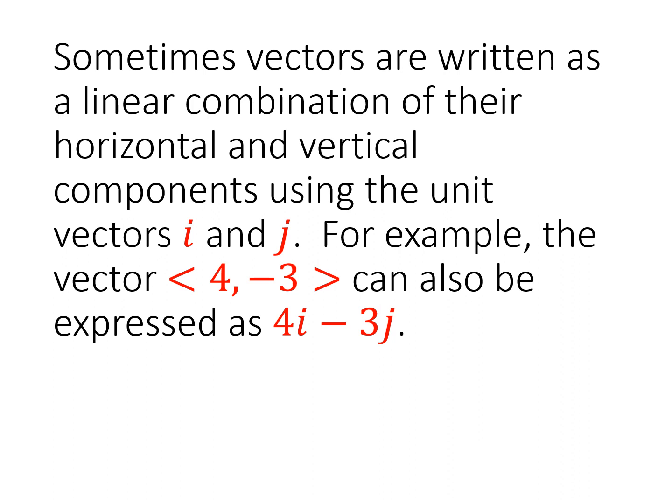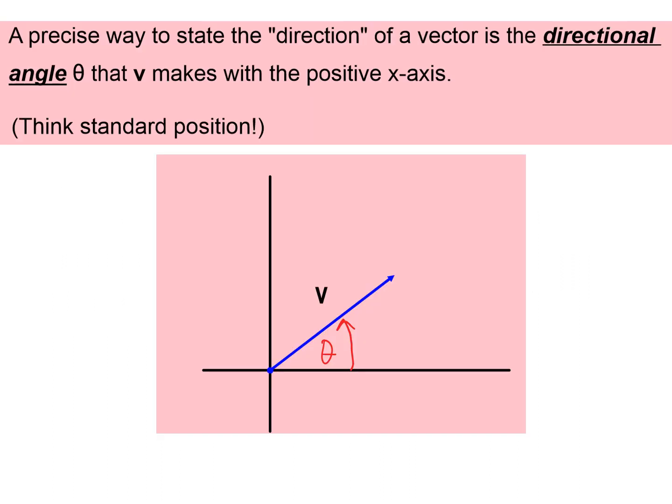All right, moving on. It says a precise way to state the direction of a vector is the directional angle, theta, that the vector v makes with the positive x-axis. So the easiest thing to do is think about standard position like we did with our unit circle. We would find the measure of the angle and it's done the same way. If we rotate counterclockwise, as in this picture, remember those angles are positive. If we were to rotate clockwise, then those angle measures would be negative.